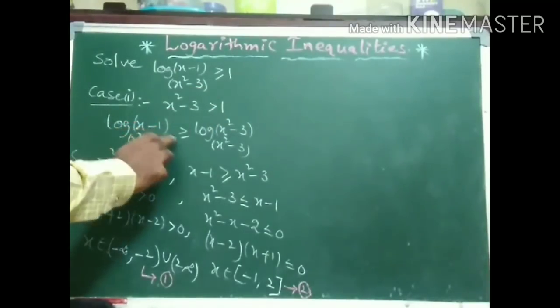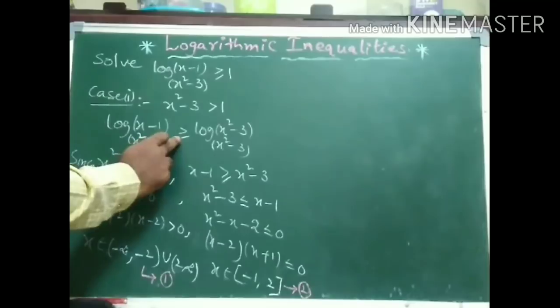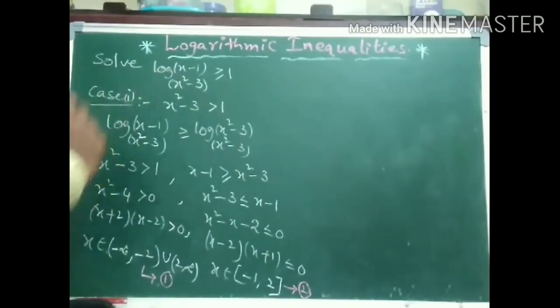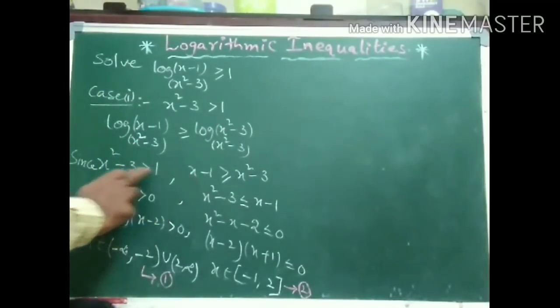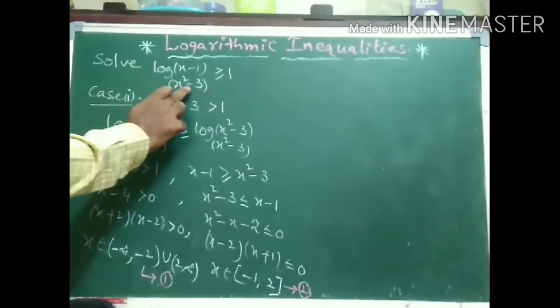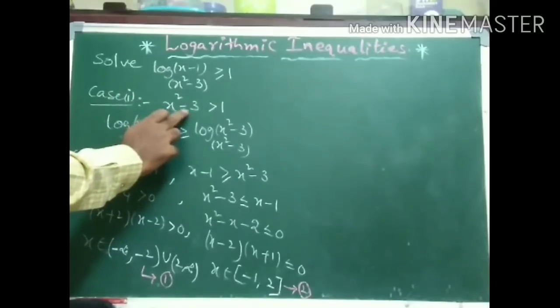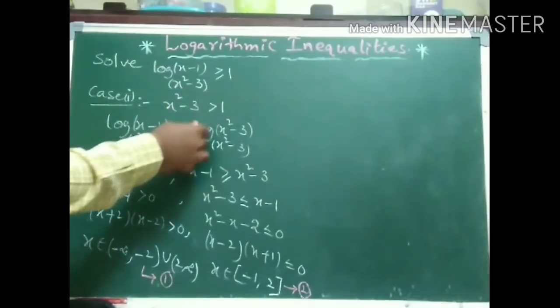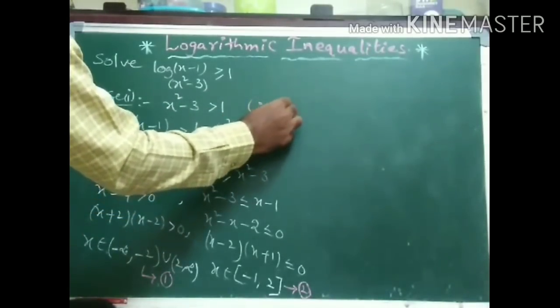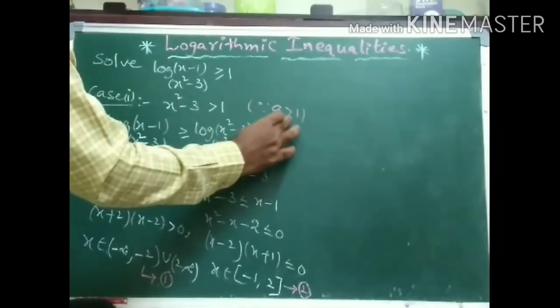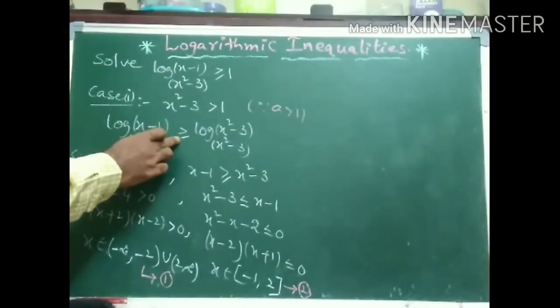Hence, x minus 1 greater than or equal to x square minus 3. Right? Since x square minus 3 is greater than 1, this is in the place of small a. The meaning of x square minus 3 greater than 1 is just like a greater than 1. When a is greater than 1, then there is no change in the inequality.